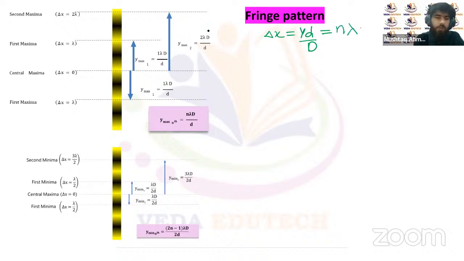It means delta x should be equal to n lambda.